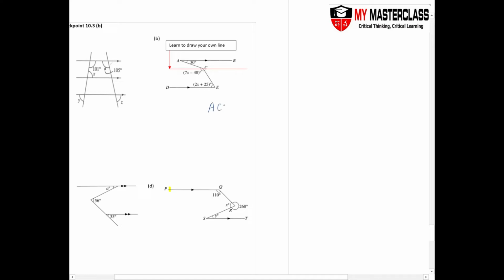I have angle ACE, which is 7x minus 40. This is what is given. Now, in this angle, you can tell that this is 30. Let's name this particular line that I've drawn X to Y. You know that ACX equals 30 because of alternate angles.